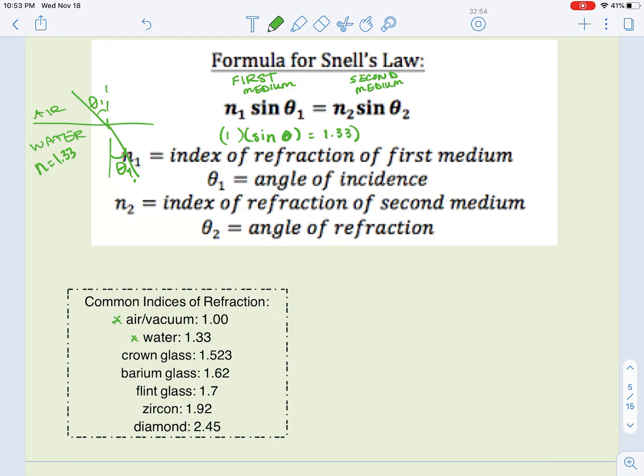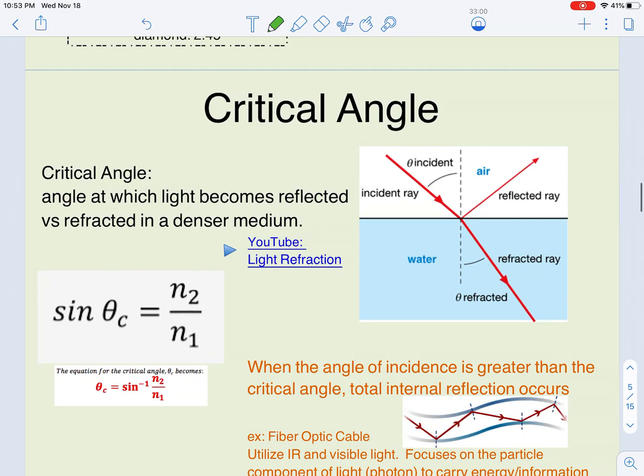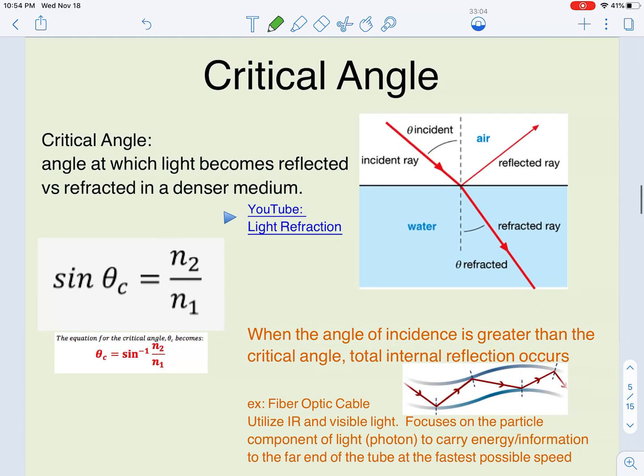So I could simply plug in these numbers and then do my algebra to solve for the angle that the light would then be refracted. Okay, so that's how that works. And we'll work some practice problems later.